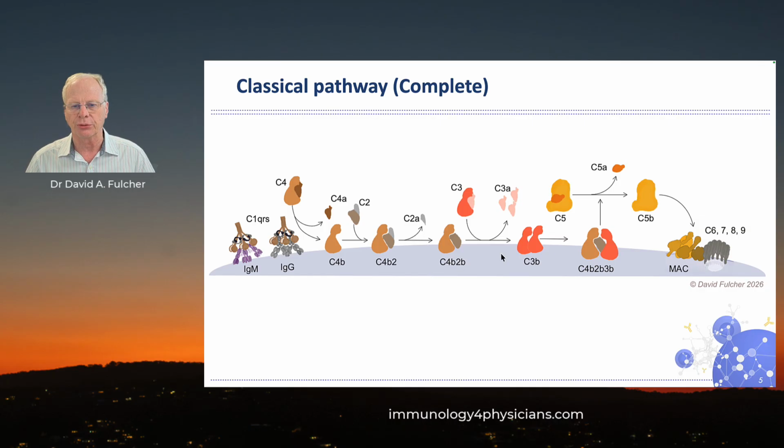This converts C3 to C3b. C3b can then interact with the C4b2b to make a C5 convertase. C5 is converted to C5b, and that then activates 6, 7, 8, and 9, eventually forming the membrane attack complex. So that whole pathway is what is being measured in the CH50.